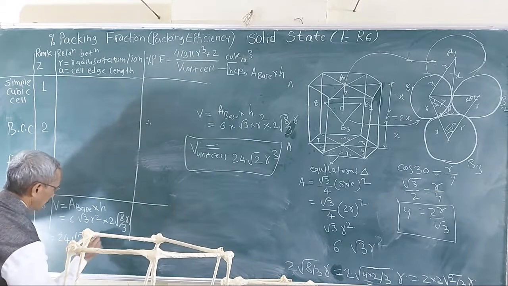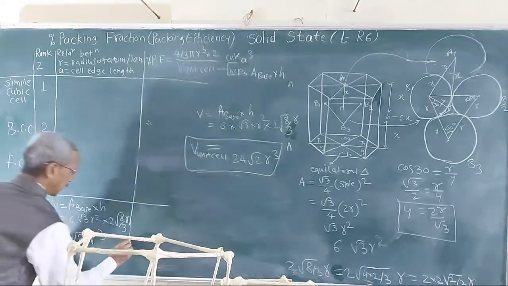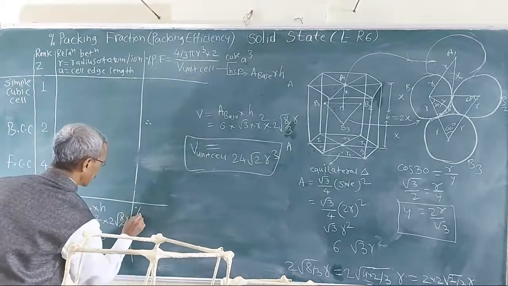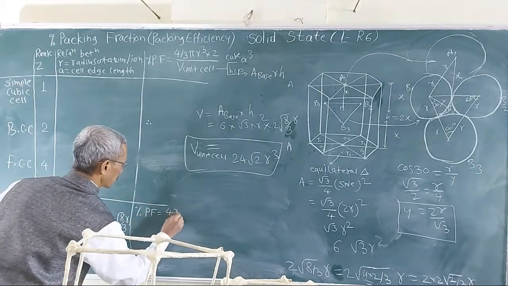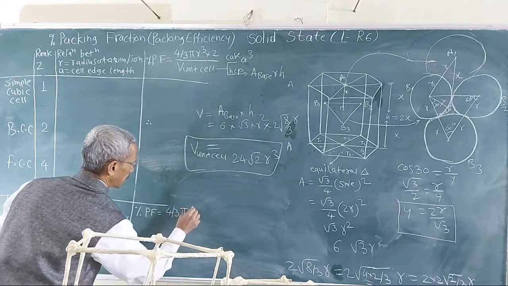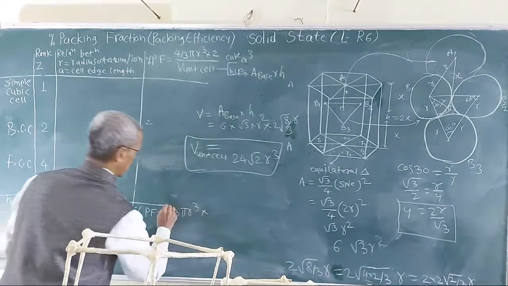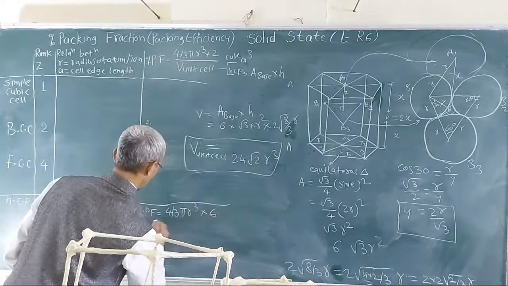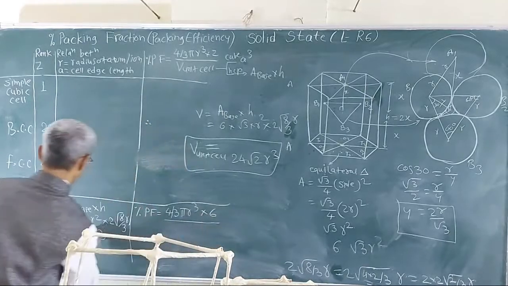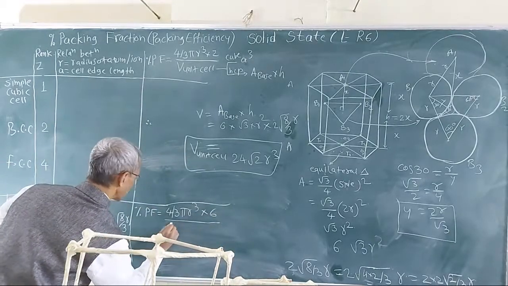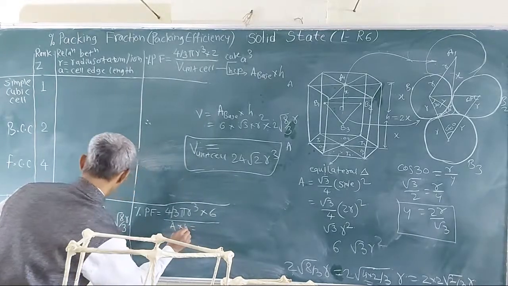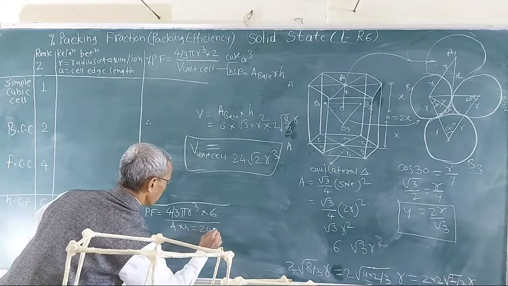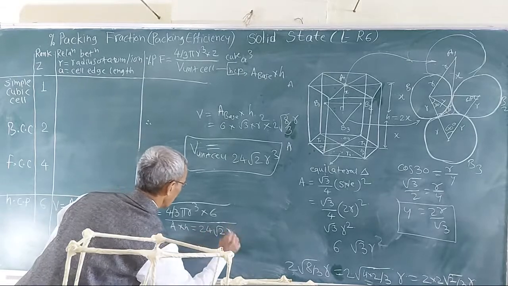24 square root 2 r cube, and therefore the percentage packing fraction is equal to 4 by 3 pi r cube into z, where z is equal to 6 divided by the base area into height, and that volume is 24 square root of 2 r cube.